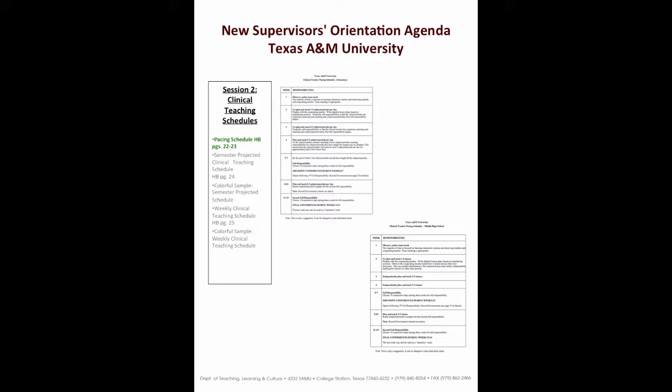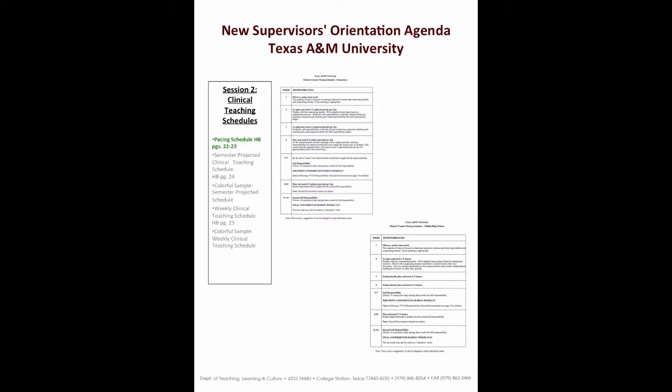Looking at the second full responsibility at the bottom of the pacing schedule, second full responsibility consists of 10 hopefully consecutive days during weeks 11 and 12 or weeks 12 and 13. Again, be flexible. Let the cooperating teacher determine what will work best in his or her classroom. The final conference is best conducted sometime during week 13.